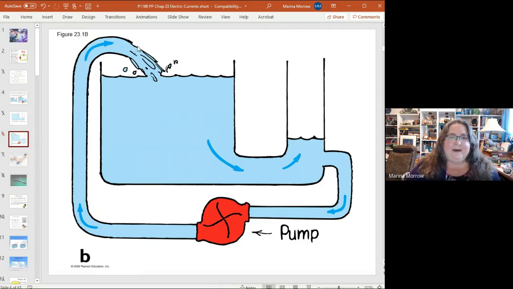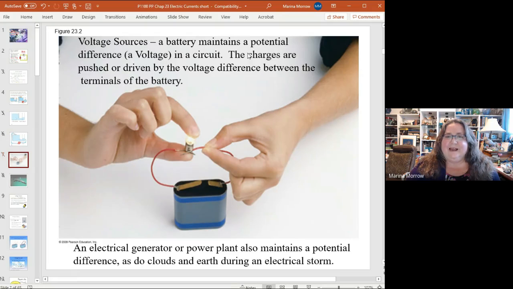Okay, so we have to keep pumping it up. All right, so voltage sources like batteries maintain a potential difference. So between the ends of a battery, if we say it's a 1.5 volt battery, there's 1.5 volts of potential difference between the positive end and the negative end. And that will push the electrons around the circuit.